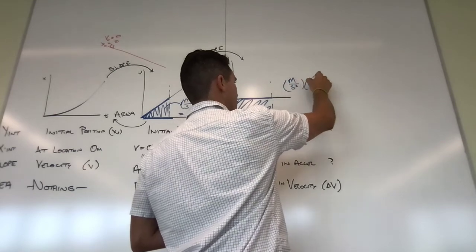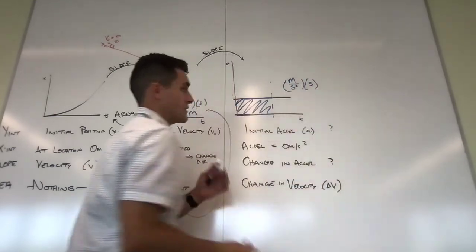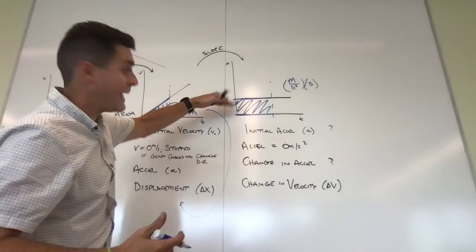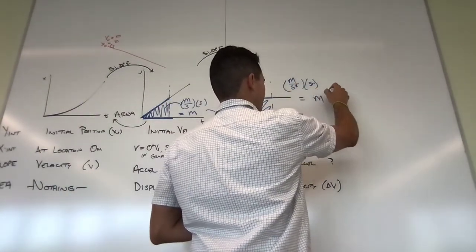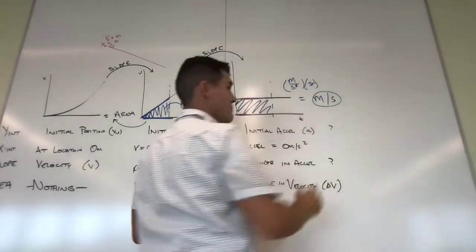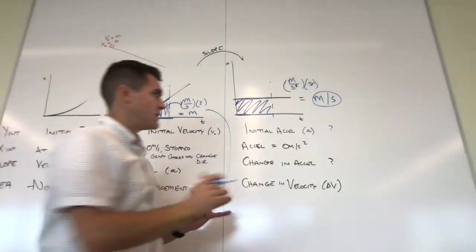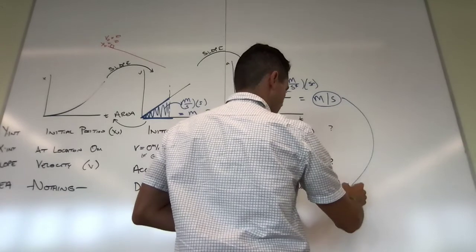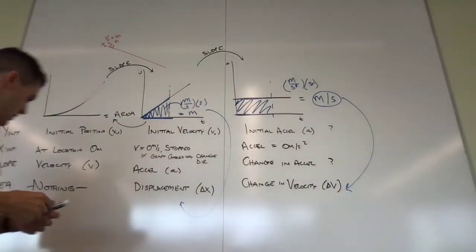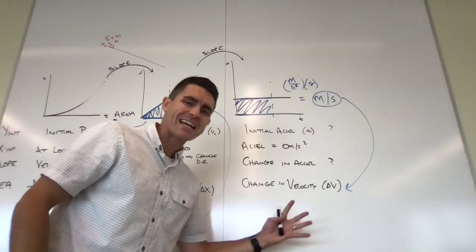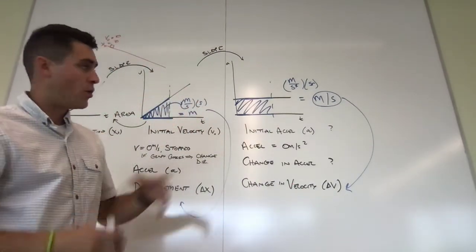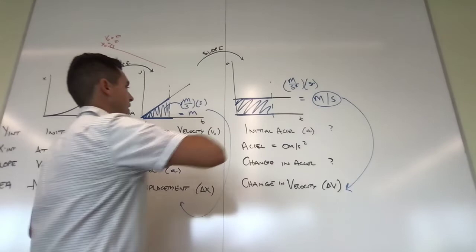I'll multiply it by the time axis, which is seconds, because the area of this would be A times T. And when I do that, what I find is that my area will have units of meters per second, which is crazy. Meters per second is a measurement of velocity. So the area of my AT graph actually informs me about the change in velocity that an object is undergoing given a certain AT graph.